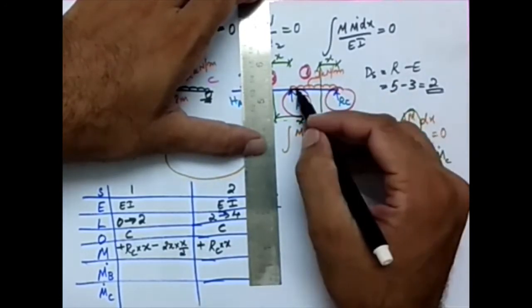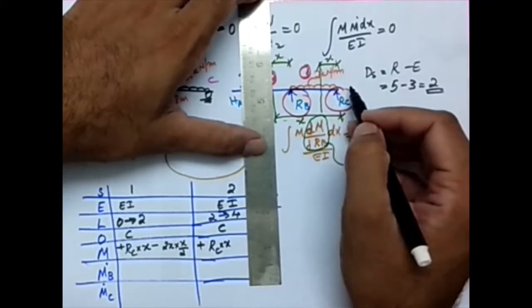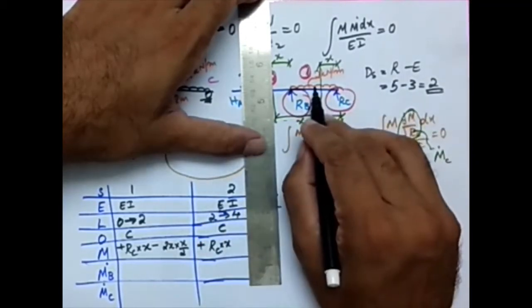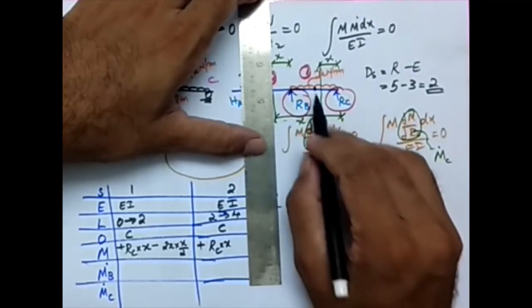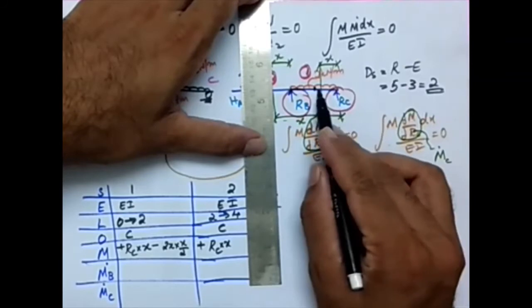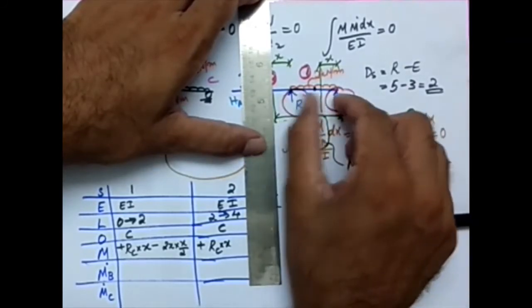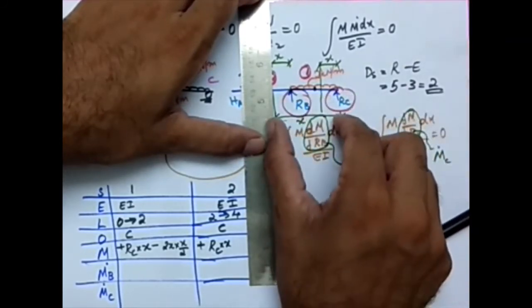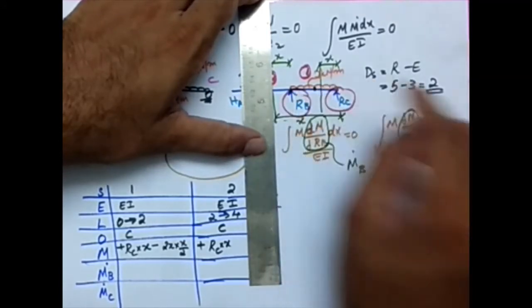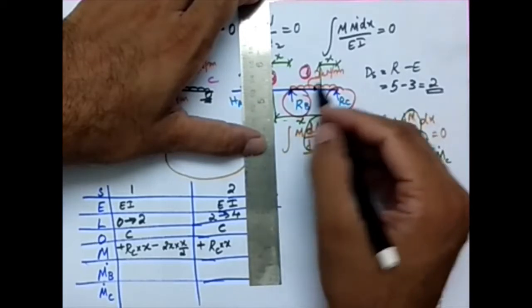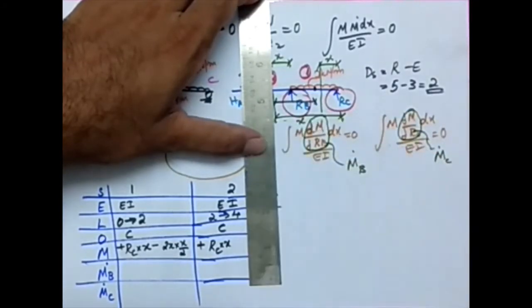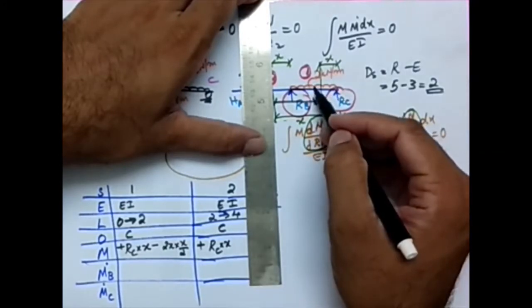What about the lever arm? The CG of the UDL is at this particular point. How far will this point be? This total is x. What will be this distance? This total is 2, so this will be 1. So x minus 1 is the lever arm for this UDL, because the UDL is concentrated at this point.